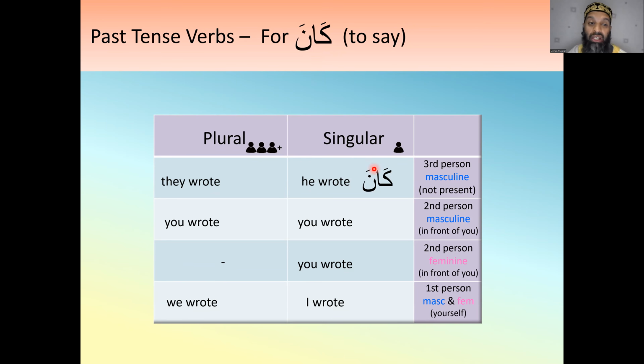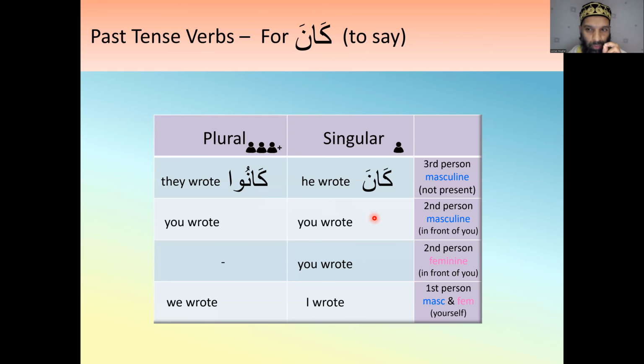So kana becomes kanu. Kanu means they all were. Change all these rows accordingly. You don't say they all be because it's in the past, so they all were.